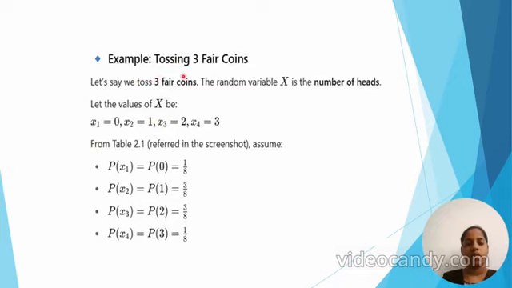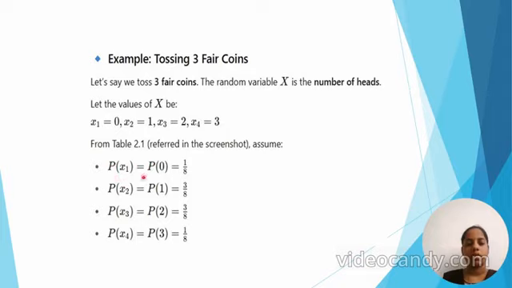Example, tossing 3 coins. Let's say we toss 3 fair coins. The random variable X is the number of heads. The values of X are x1 equal to 0, x2 equal to 1, x3 equal to 2, x4 equal to 3.